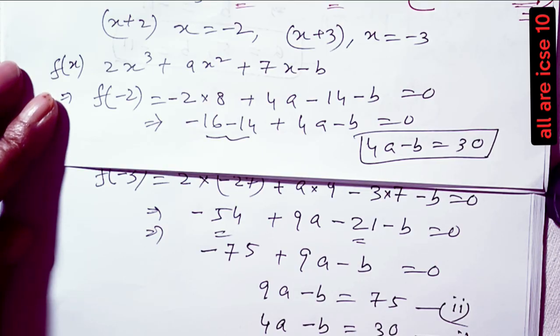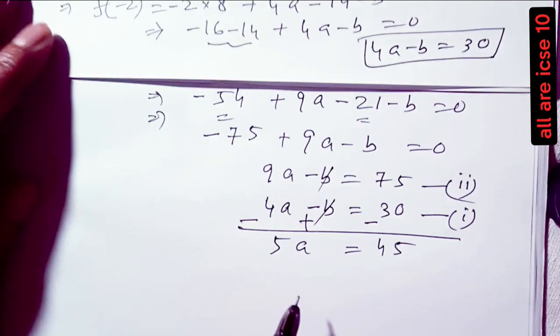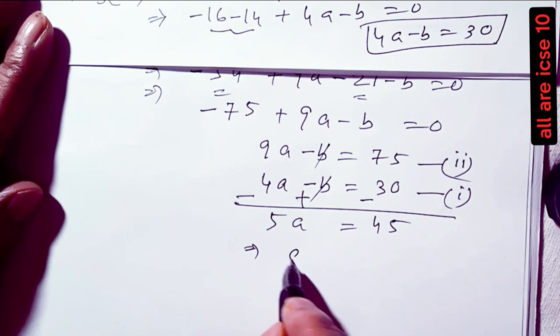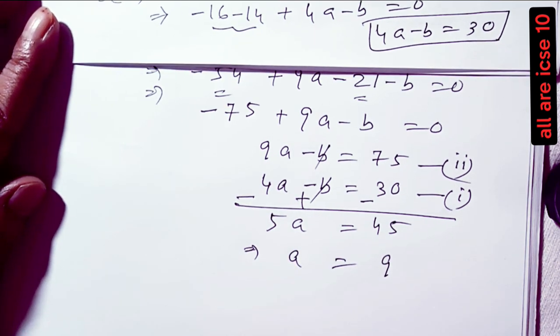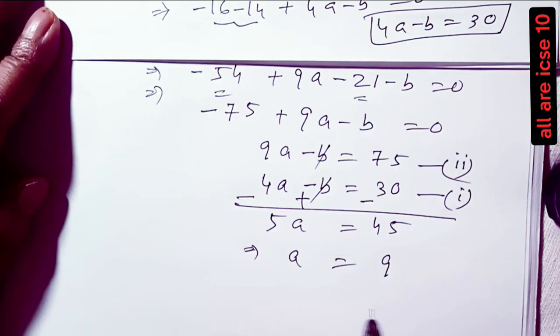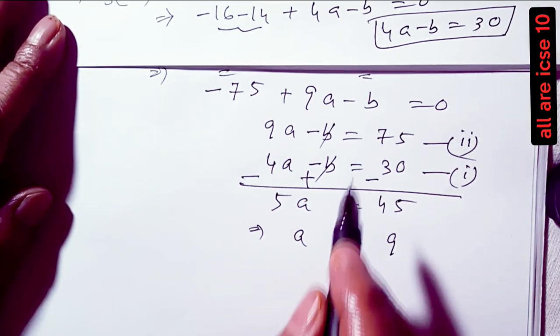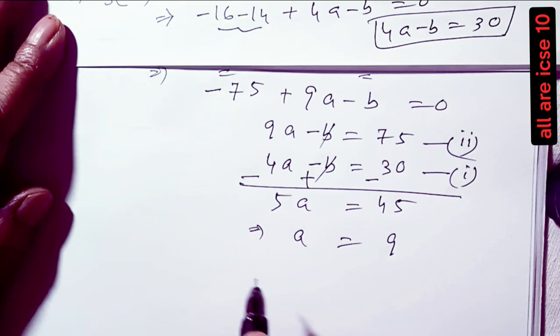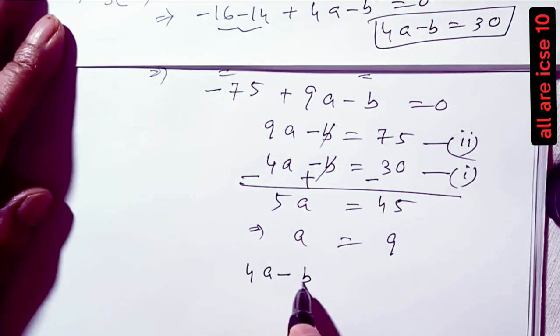Now solve these linear equations by elimination method. This minus, so b is cancelled. This is 5a equal to 45. So from here a equal to 9. We put a equal to 9 in any one equation, 4a minus b, this was our equation number 1.